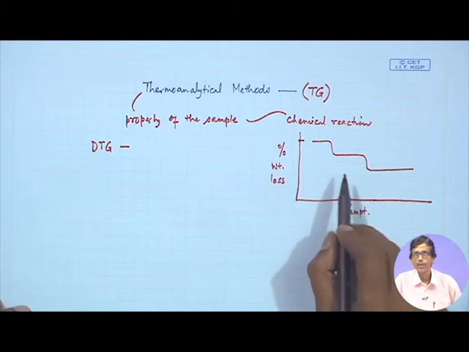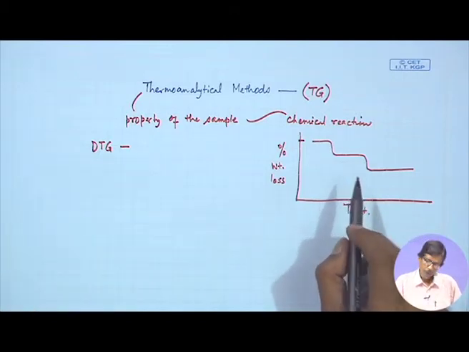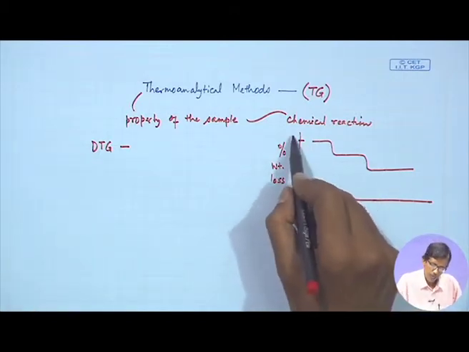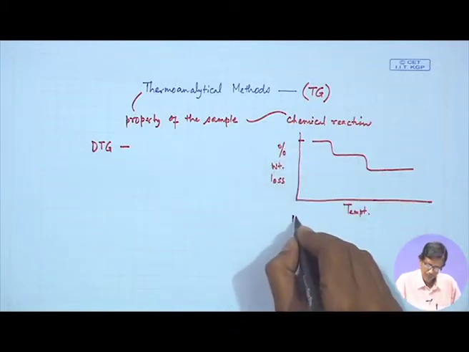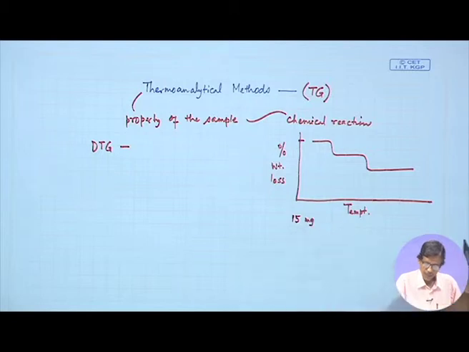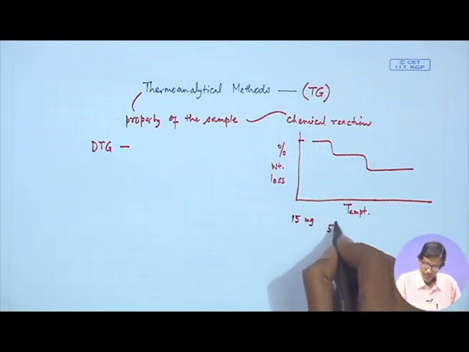When we start this measurement, we find that we start from 100%, that means the weight of the sample. A certain weight of the sample, say 15 milligram, is taken and heated at a rate of 5 degrees centigrade per minute.